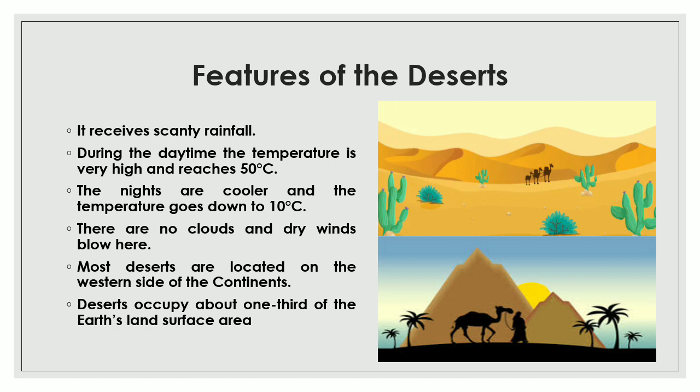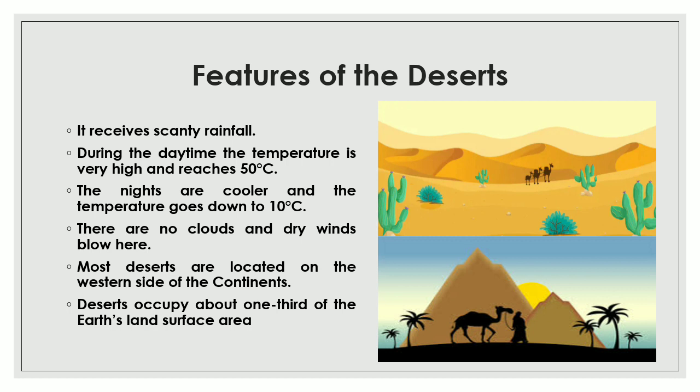One feature we already know is that it receives very little rainfall, or scanty rainfall. Another is that the temperature is very high and can reach up to 50 degrees centigrade. However, nights are cooler and the temperature goes down to 10 degrees Celsius. Why?